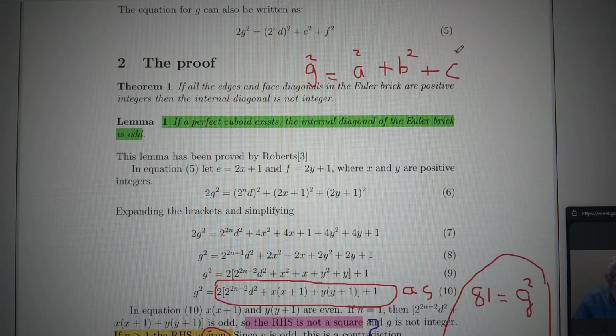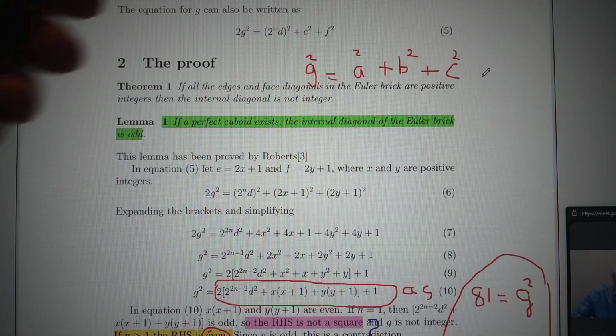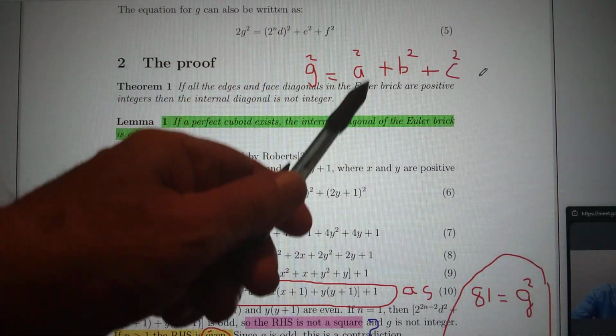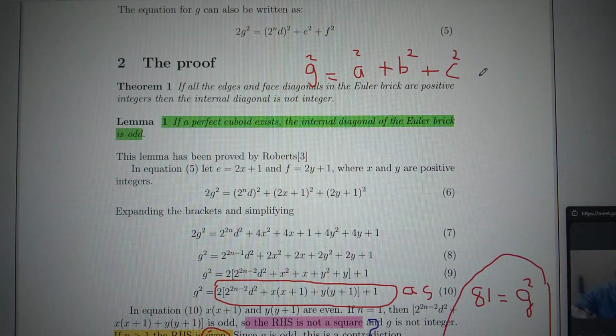This is the equation for the interior diagonal. And we have no idea what is G, what is A, what is B, what is C. But I know they should be integers. If one of them is not an integer, it means no perfect box.